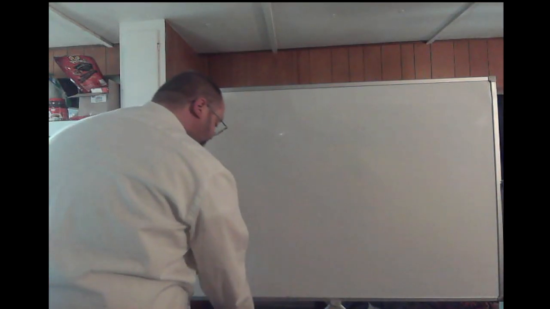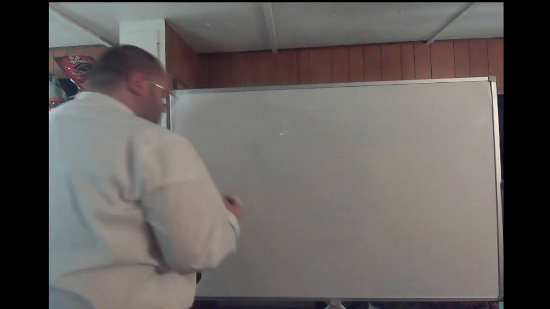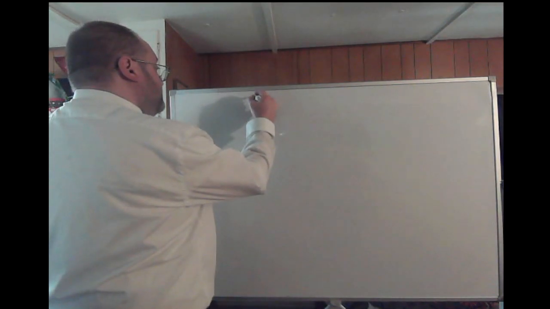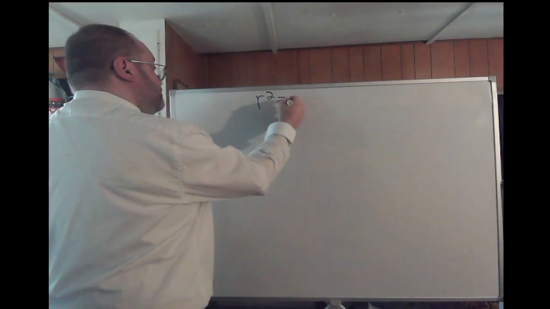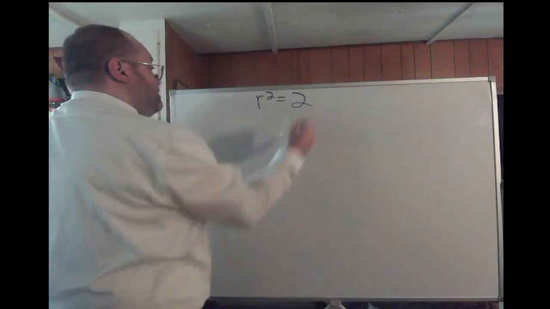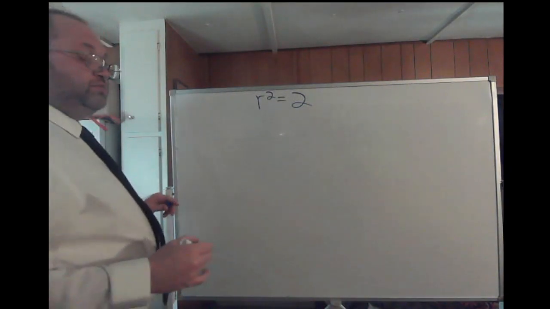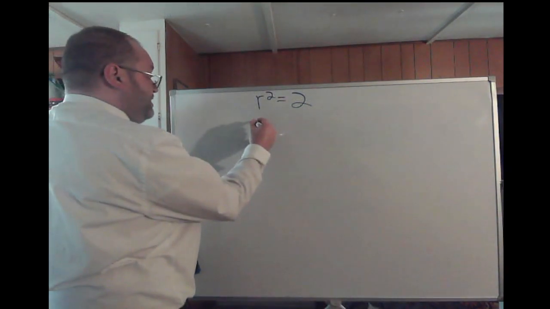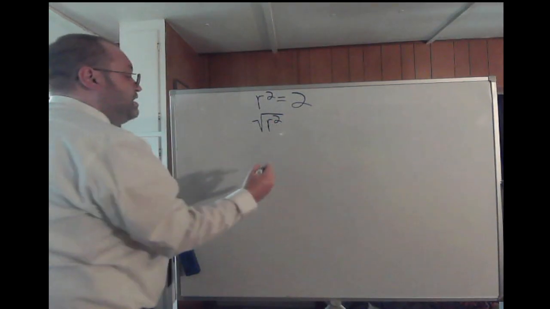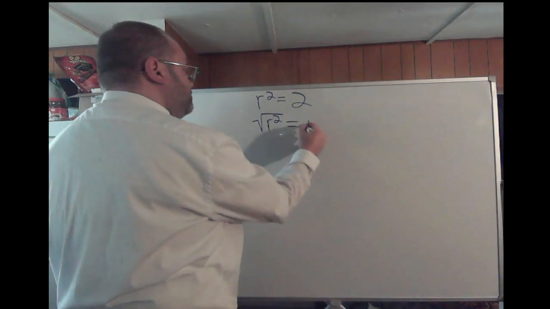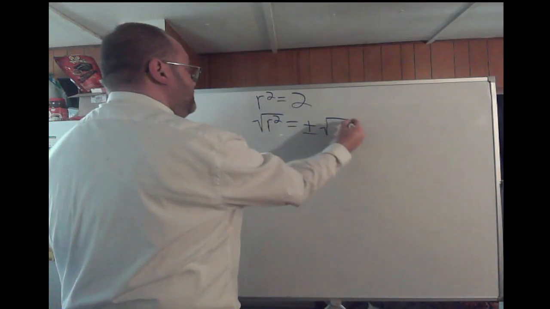Alright. Let's say we have r squared equals 2. Well, of course, we want to get r. We'll have to take the square root of r squared. We'll set that equal to plus or minus the square root of 2.